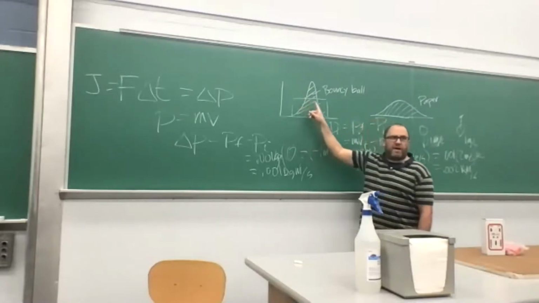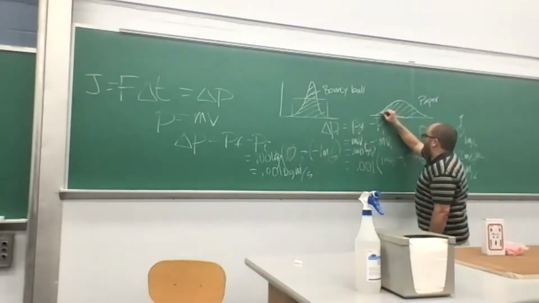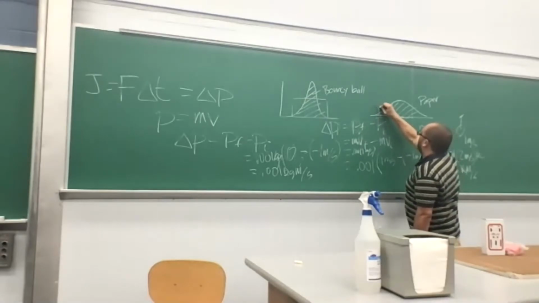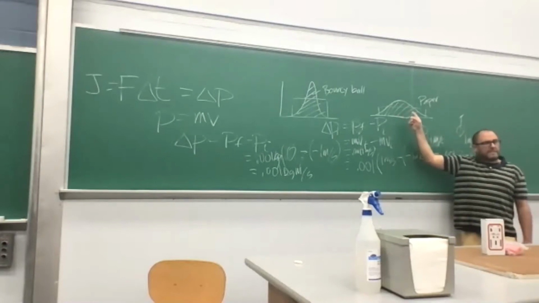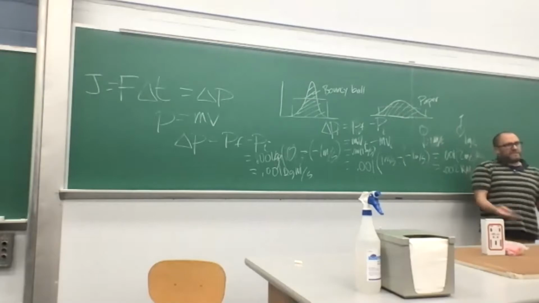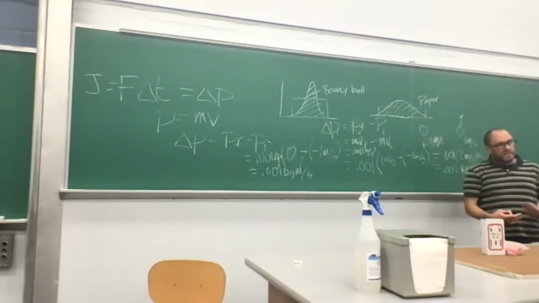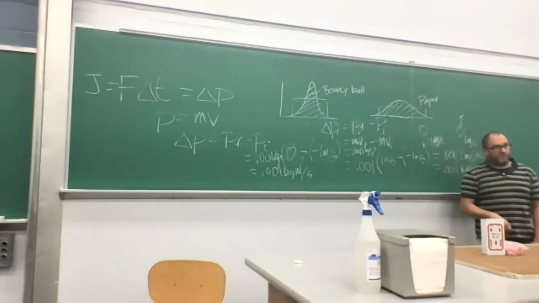And so I say, all right, about halfway, that's my average force. So for my paper then, if I did up here, okay, then my average force is smaller than this one.